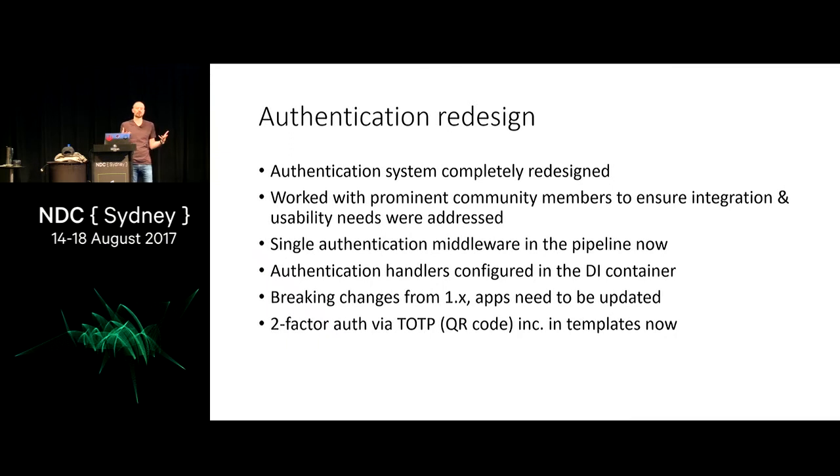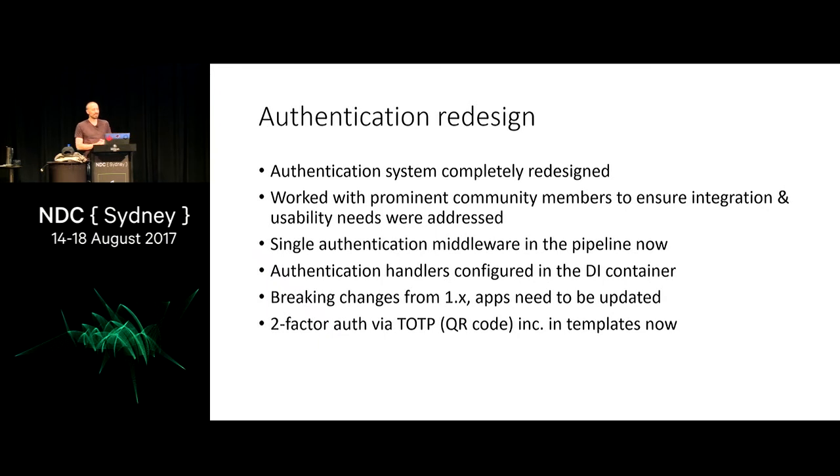So now you have a single authentication middleware that sits in the pipeline, and you configure all of your authentication in services. Okay? We have authentication handlers that live in the DI container that you can configure separately, and then they all participate in the global problem or solution area of doing authentication for your app.